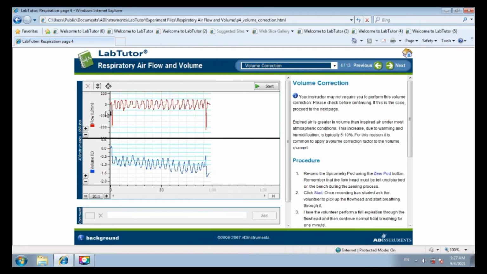Now we will click on the timeline so that it will select the whole recording and it will give you a value in the lower panel.